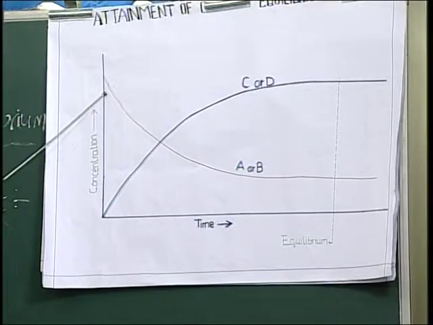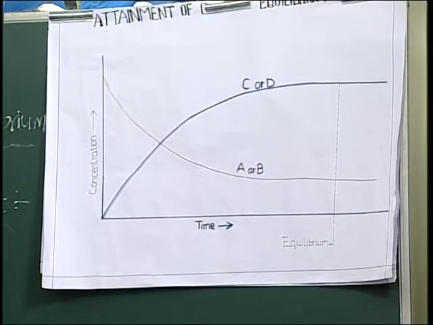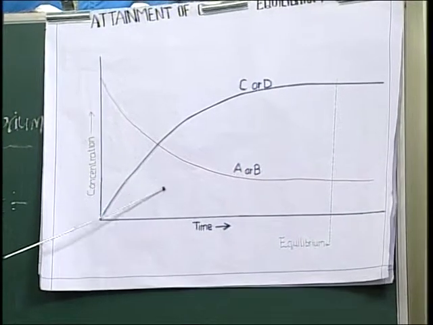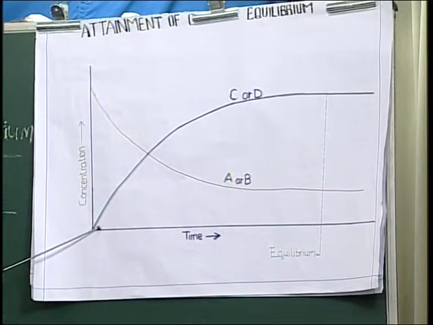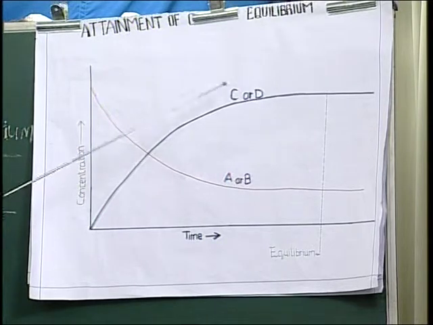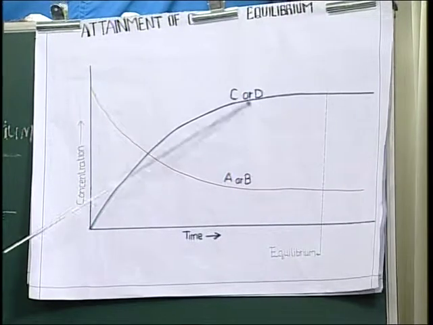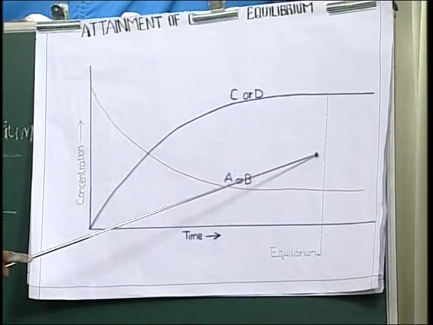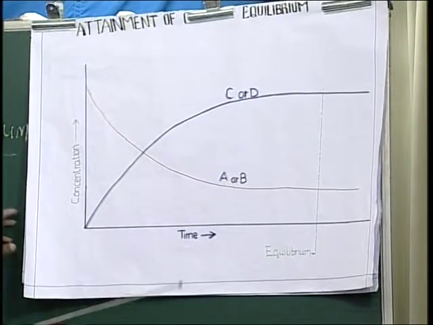Firstly, the concentrations of A and B go on decreasing and attain a constant value, and the concentrations of C and D, initially at 0, increase, and after a certain time they attain a constant value. At this stage we know it as equilibrium.